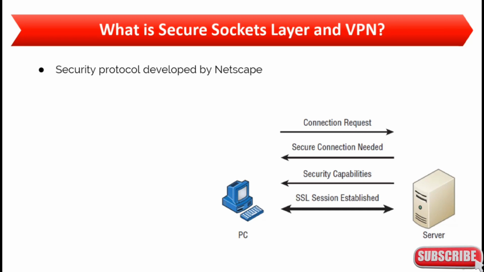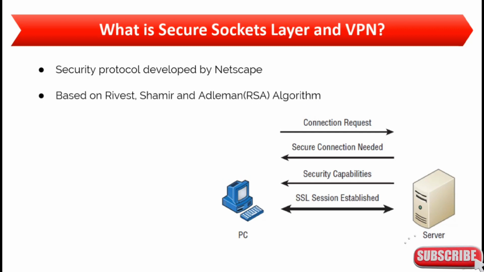This security protocol was developed by Netscape to work with its browser, and it is based on Rivest, Shamir, and Adelman, that is the RSA encryption algorithm, which is a public key encryption, and it is used to enable secure session connections over the internet between a web browser and a web server.